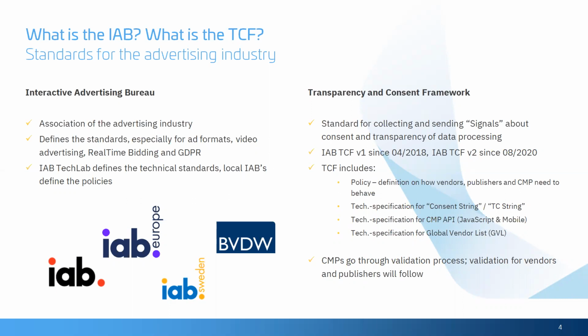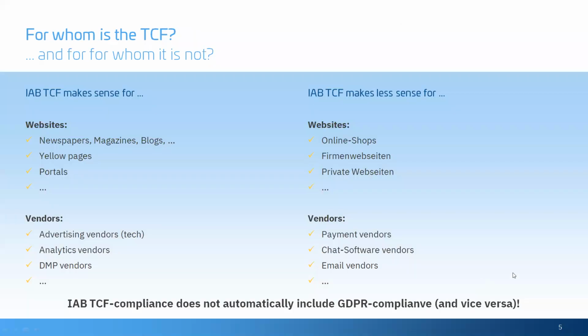It's not yet in place, but it will come, so that the IAB will also check if vendors and publishers adhere to the policy. As said, if a CMP, for example, is not policy compliant, then basically it can be excluded, and therefore the CMP can no longer work with the TCF. So that's a bit of background.